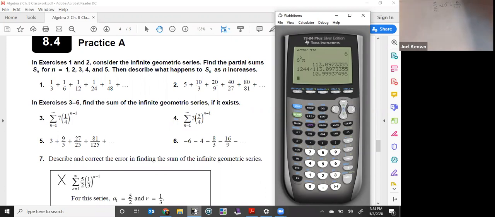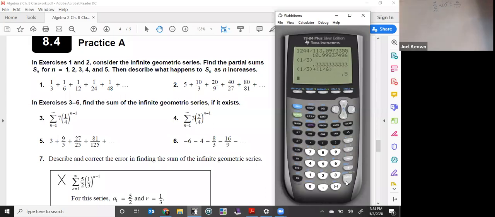I might do the first one on my calculator. So 1 divided by 3. Okay, so that's 1 divided by 3. What if I do 1 divided by 3, the first term, plus the second term, 1 divided by 6. Okay, I'm at 0.5.